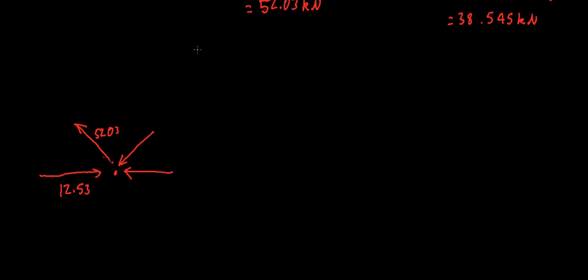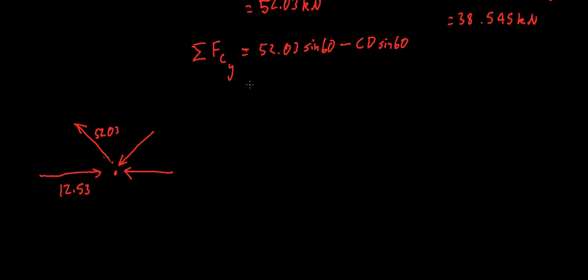But anyway, the sum of all forces in the y at point C, y, because we want y because there's only one force in the y axis, which is equal to, now there's up, so there's 52.03. Is it sine or cos? It's now sine 60. Now minus, we have this force, so this is CD sine 60.